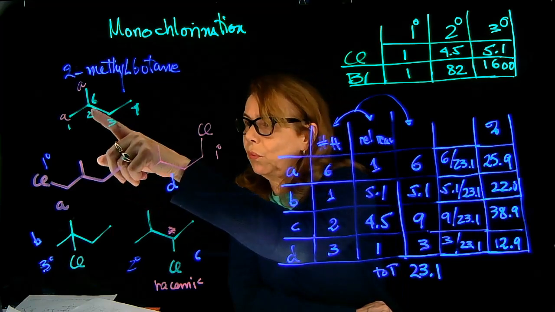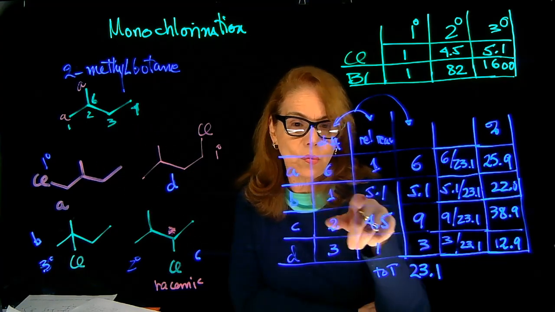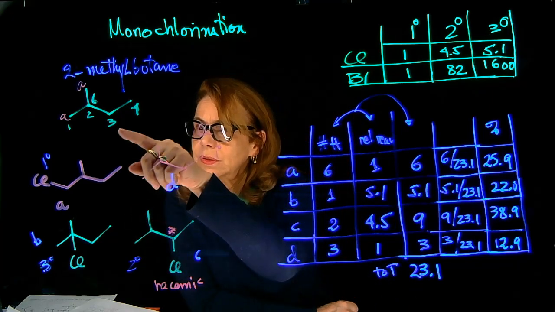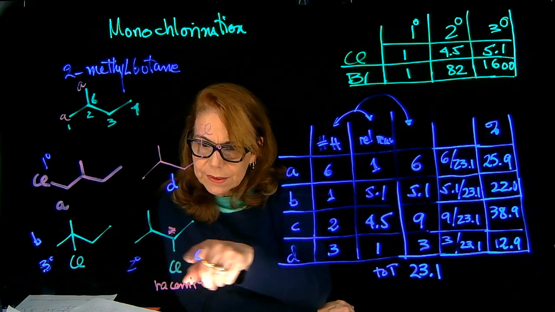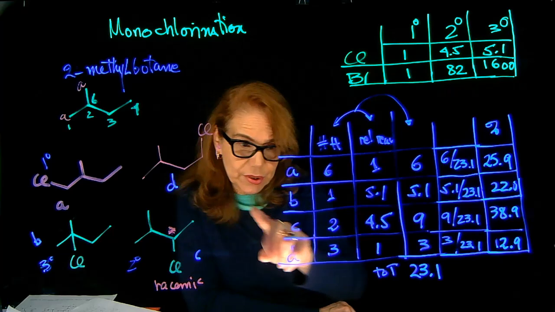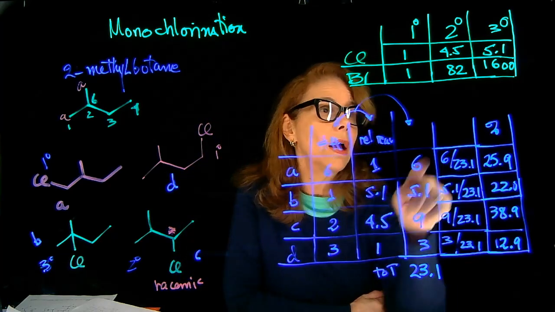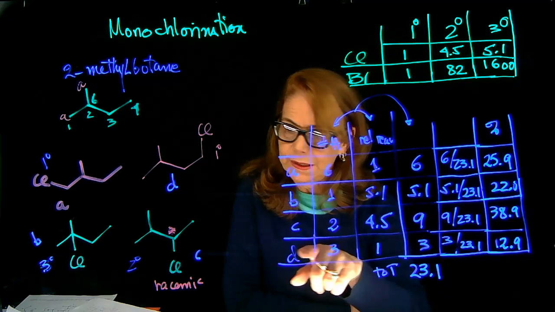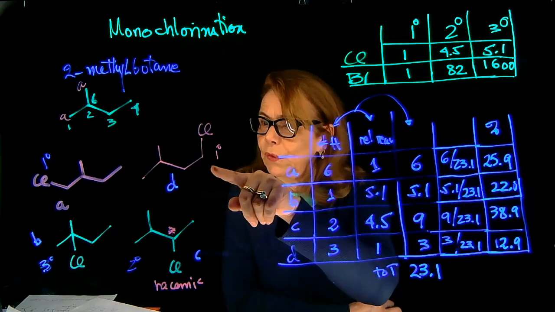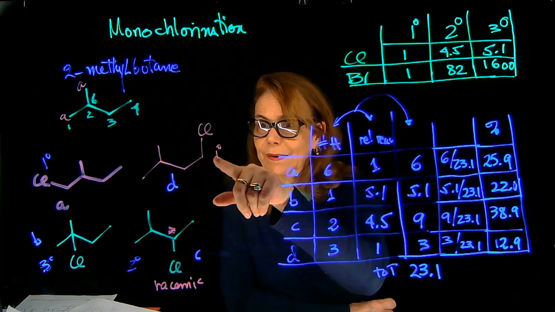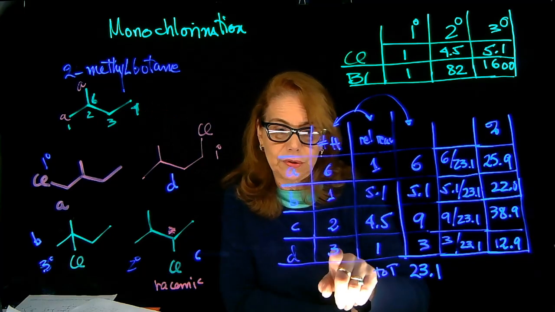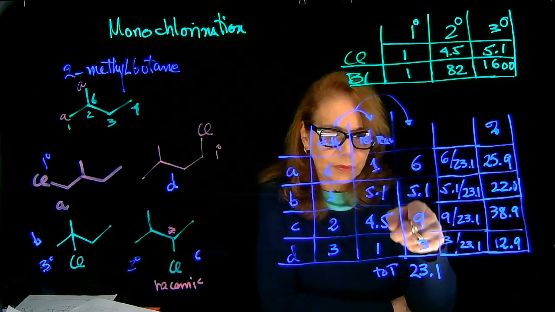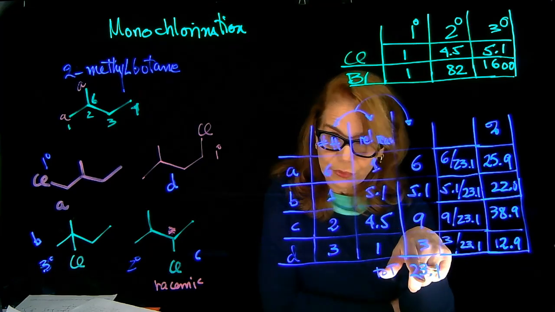You have only 1 H here, so it's 1 times 5.1, which is 5.1. Position 3, leading to product C, you have 2 secondary hydrogens. Secondary reactivity is 4.5, and that multiplied is 9. The fourth product D is a primary position. You have 3 hydrogens there, so here you have 3. Adding those numbers up is 23.1.